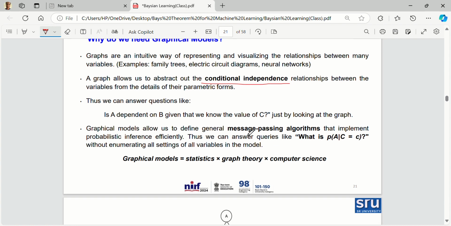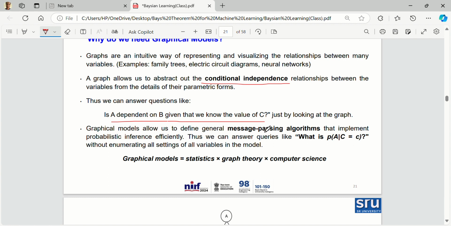Now consider one example. Is A dependent on B given that we know the value of C? If you see the graph, you can say whether B is depending on A or depending on C. It may be independent, may be dependent. That is, A, B, C are related to each other.